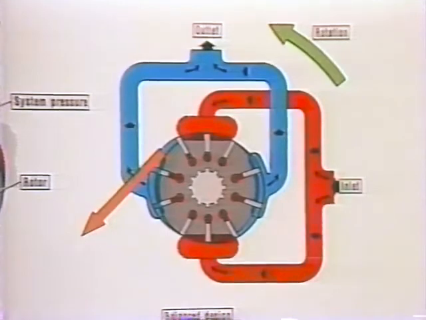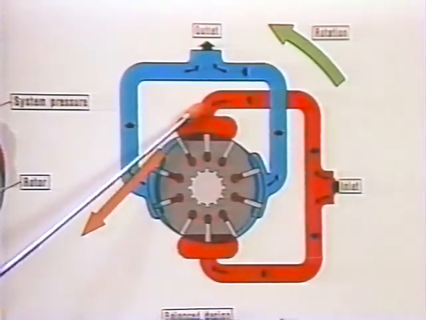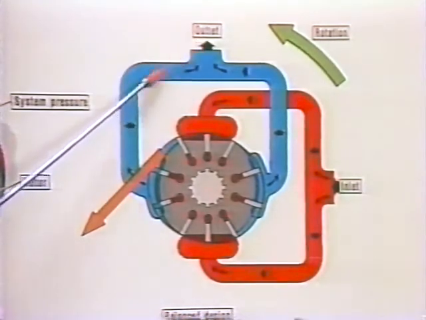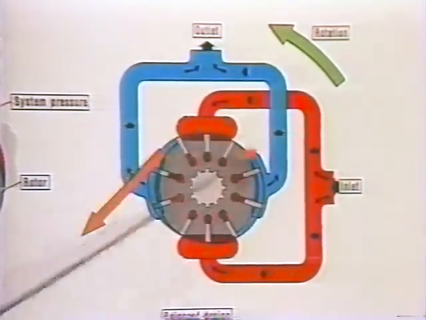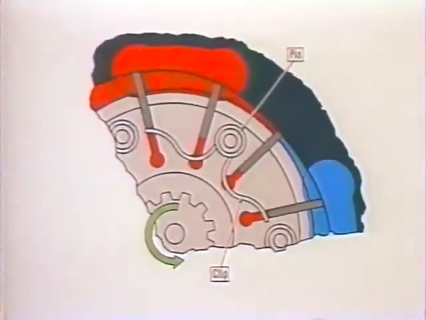We show this as the inlet side, with oil coming in here to give us a torque in this direction. Flow directed to the top port and coming in here, as well as in here, would give us torque in the opposite direction.